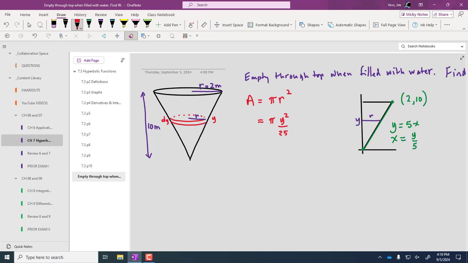And we go to build our volume. We know that volume is the integral of area. So actually, let's pull out the pi over 25. Let's pull that to the front. So pi over 25. And let me write the generic formula for a second here. So we're integrating ADD volume.